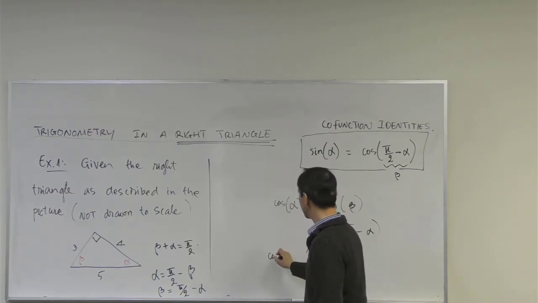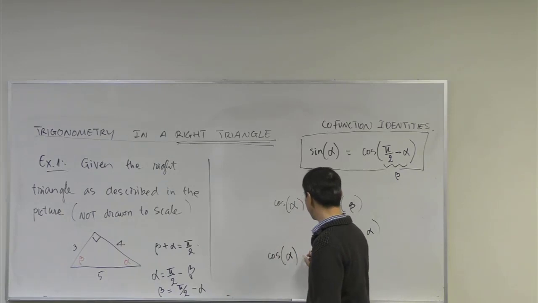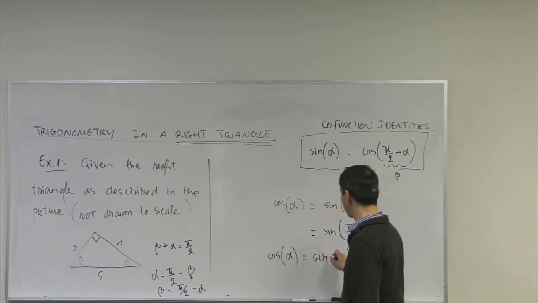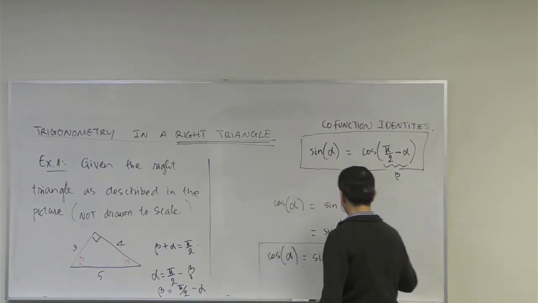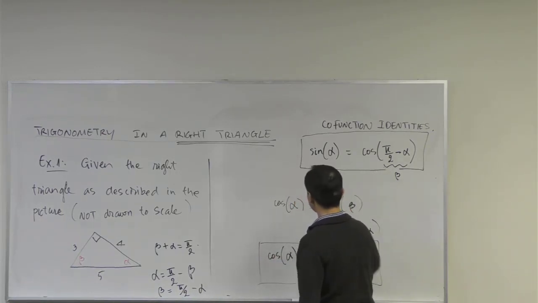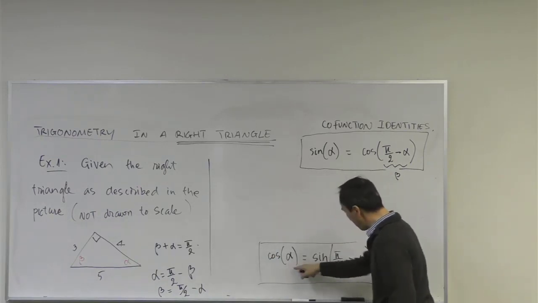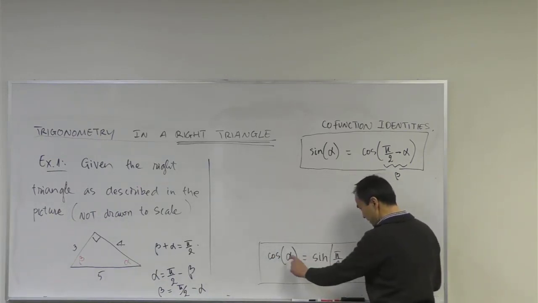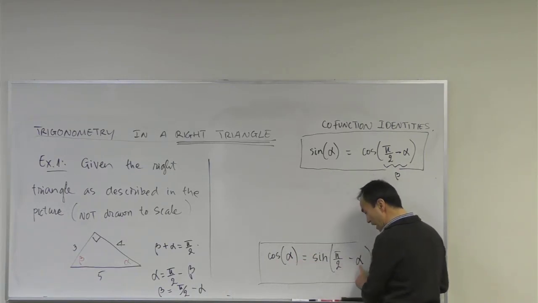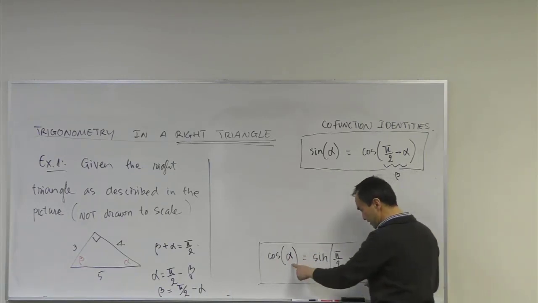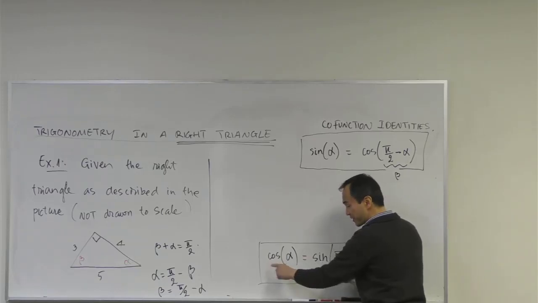Cosine of any angle alpha would be equal to sine of pi over 2 minus alpha. So on any angle, the point is we try to write that on behalf of the same angle alpha or the same angle beta, whatever. These are the two co-functions together.